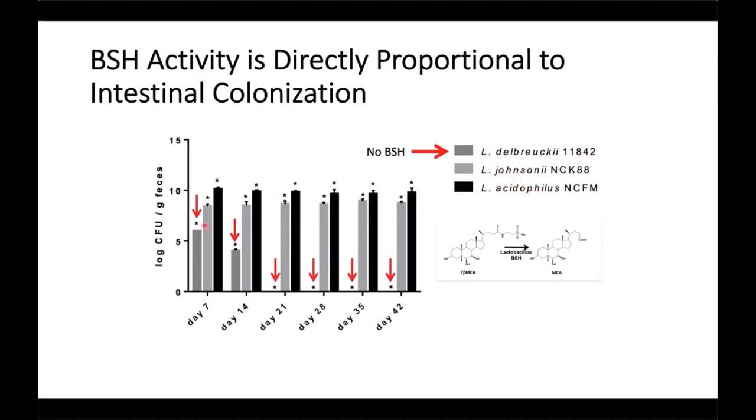And note that if we colonize these mice with these different bacteria, those that lack BSH activity do not persist within the animal, in this case with L. delbrueckii, after about 3 weeks. Those that have BSH activity colonize and remain throughout the study timeframe.